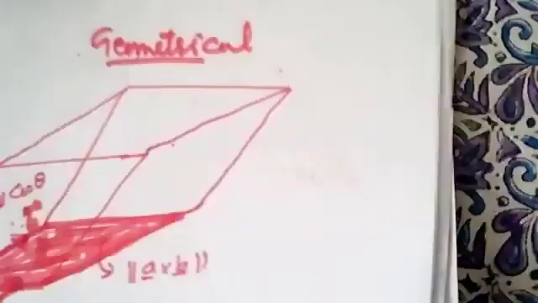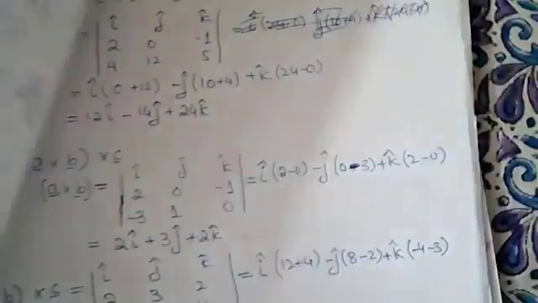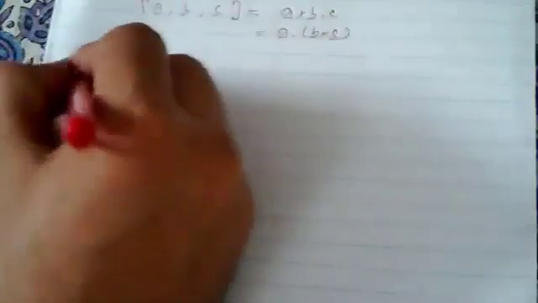If in component form we have vectors A, B, and C, what is the next property? Property 5.